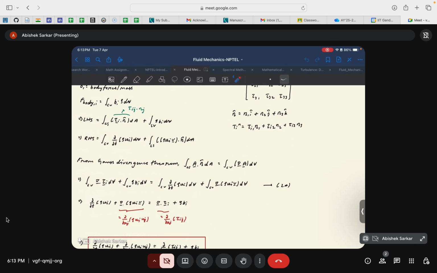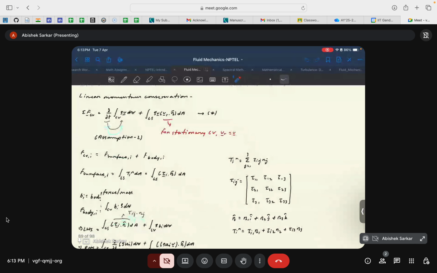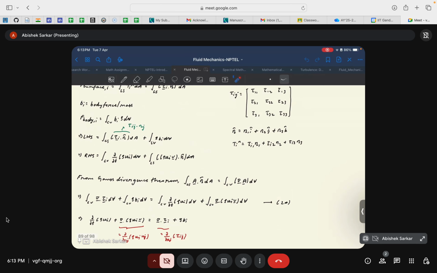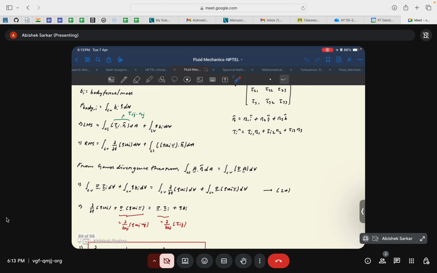Then if we look back at this equation, we start with the first component, say along the ith component. Then the right hand side of the momentum conservation equation can be simplified to this form.